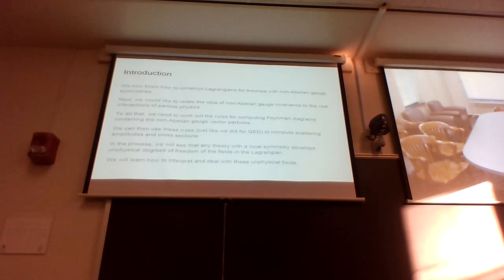I put in here that we will interpret and deal with some unphysical degrees of freedom that pop up, but I've decided not to cover that because that's a whole can of worms that we don't really need at tree level.